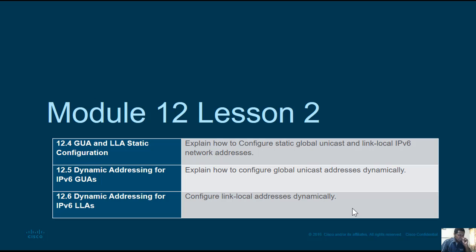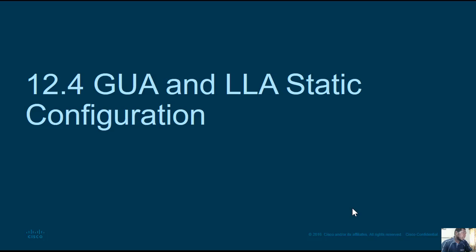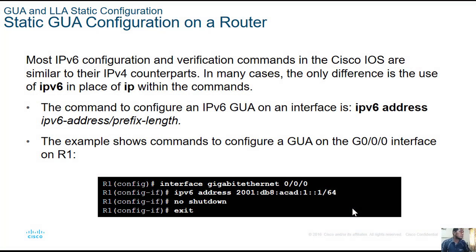Okay, so let's have a look at the GUA address and link local address and how they are configured statically or manually. Now, most IPv6 configuration and verification commands in the Cisco IOS are similar to their IPv4 counterparts. For instance, if we were to configure an IP address for this particular interface G0/0, normally in IPv4 we would type ip address.